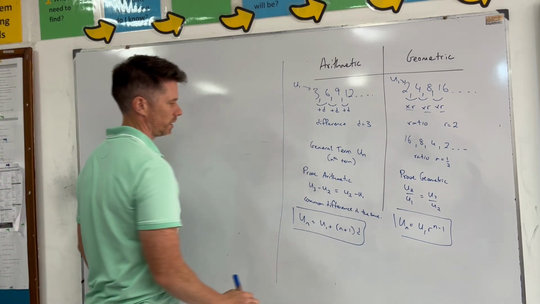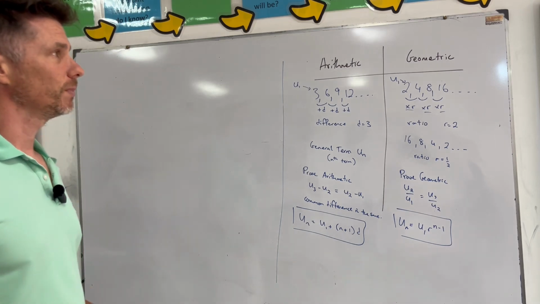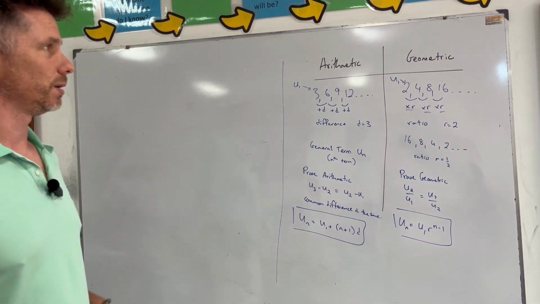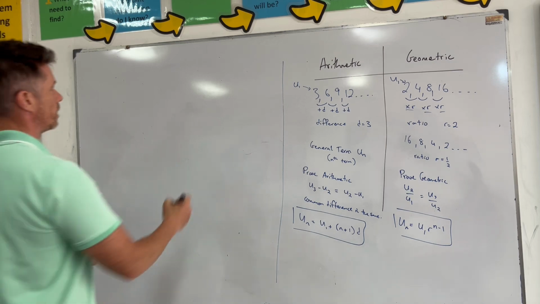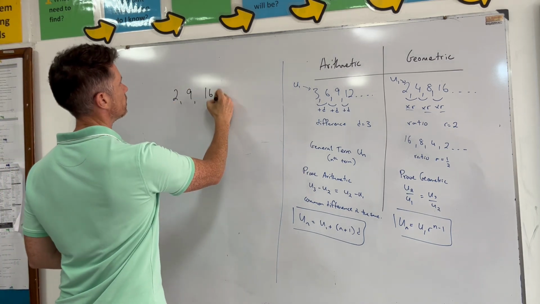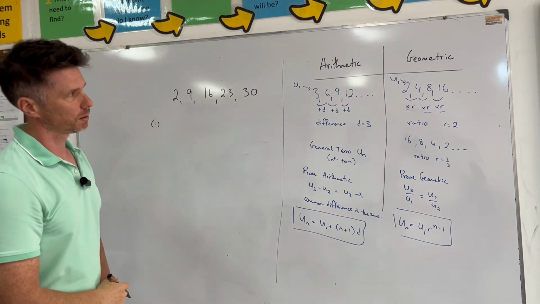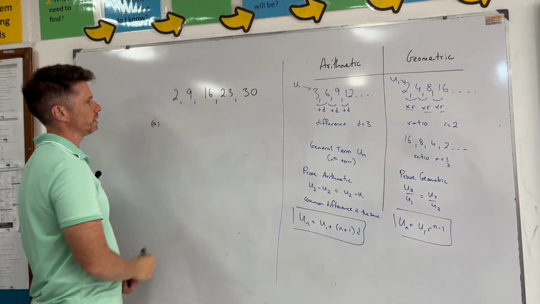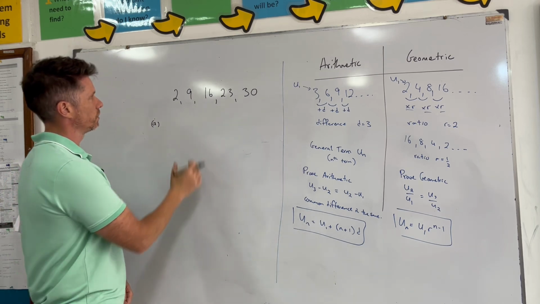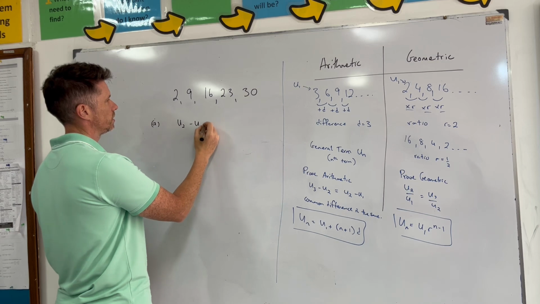Okay, so let's look at specifically IB style questions of arithmetic sequences first. Now that we have something to go off, how do we show or prove that a sequence is arithmetic? We're dealing with this new sequence: 2, 9, 16, 23, and 30. To show that it is arithmetic, I would say u2 minus u1 gives me a difference.